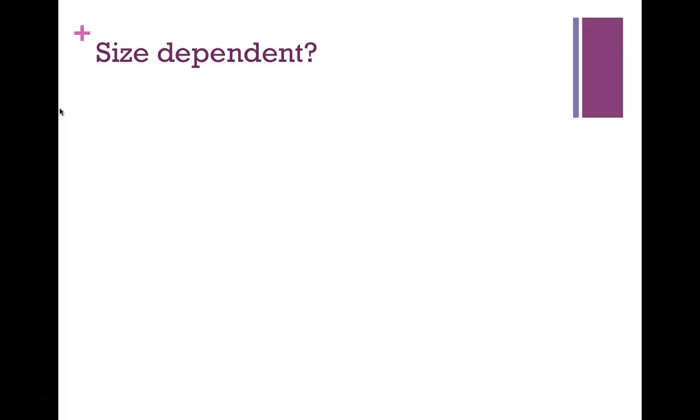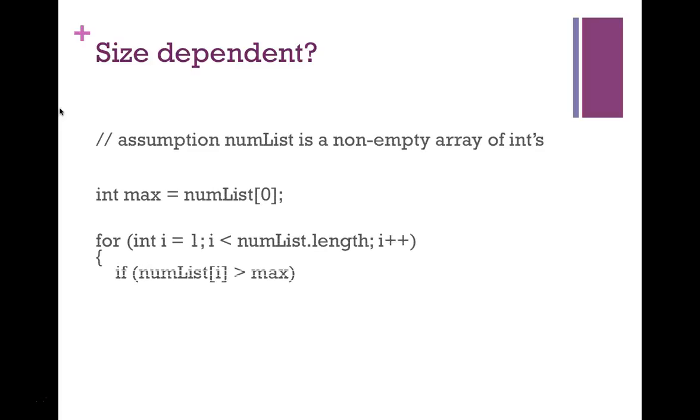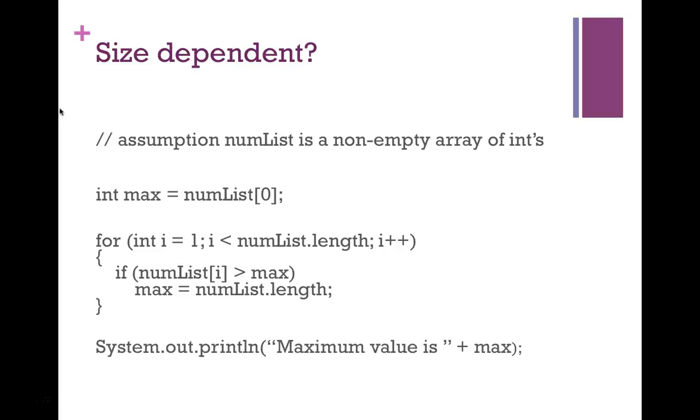We always want to consider, did we solve a problem that would only work for some arrays, or is it going to work for all arrays of integers? Will this work on small lists and large lists? Well, let's refresh our memory with the code. So this was the code that we had written previously.